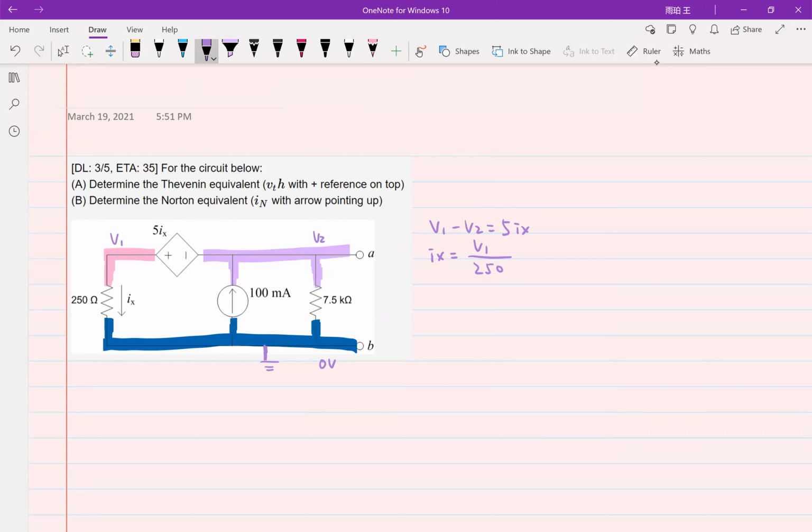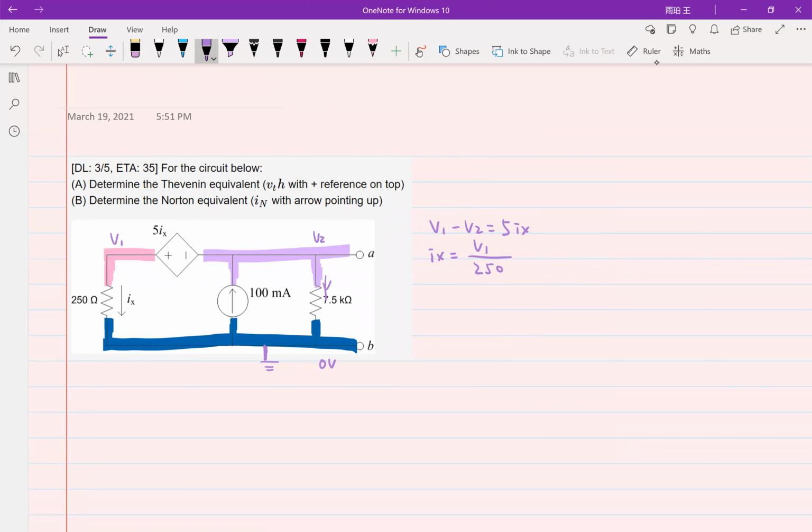Now the only thing I need to do is a supernode analysis between V1 and V2. In this case, I have a current flowing out here, a current going in here, and a current I'm just going to define as going out, since V2 is higher than the ground node. It's by convention, but you don't actually have to do it.